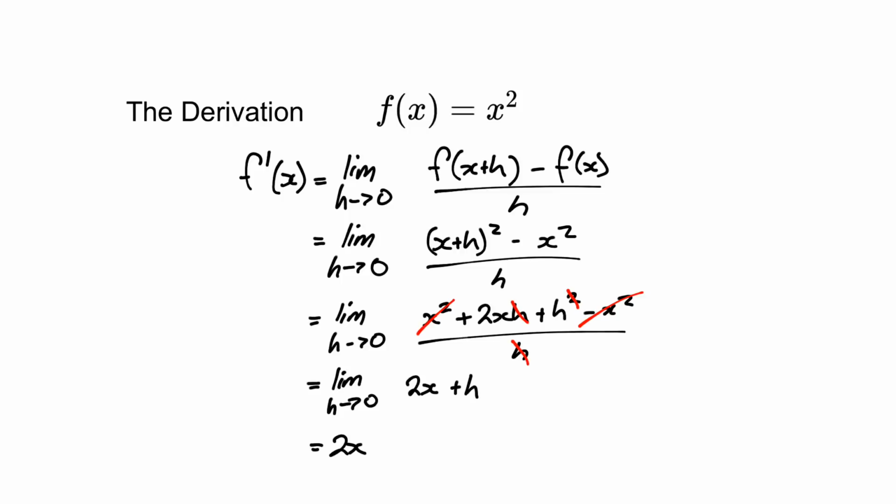So this one follows our rule. Our x squared has become 2x, so our rule of f(x) equals x to the n becomes f prime of x equals n x to the n minus 1, so that one holds.